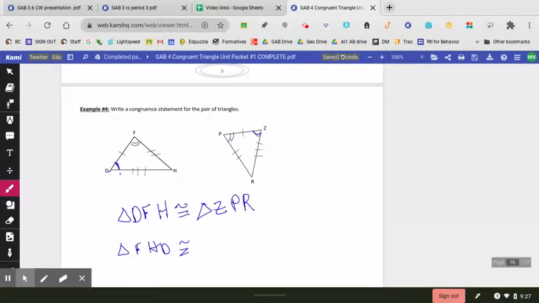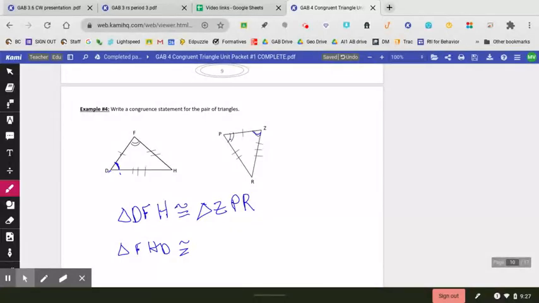And also I should check that DF is labeled with one mark, ZP is labeled with one mark. FH is labeled with two, PR is labeled with two. And DH is 3, and therefore ZR should be 3.